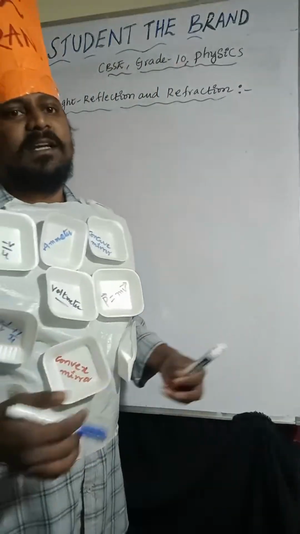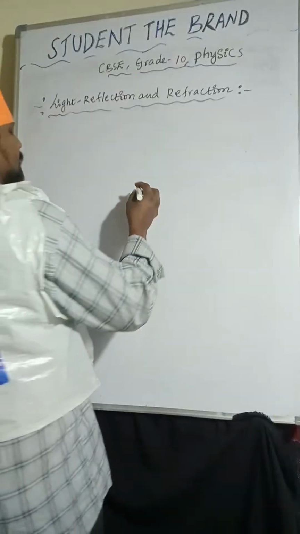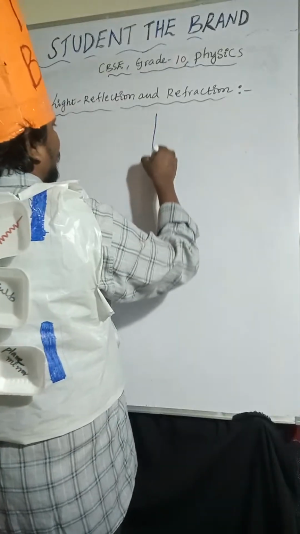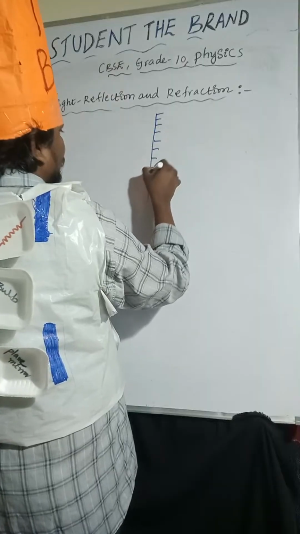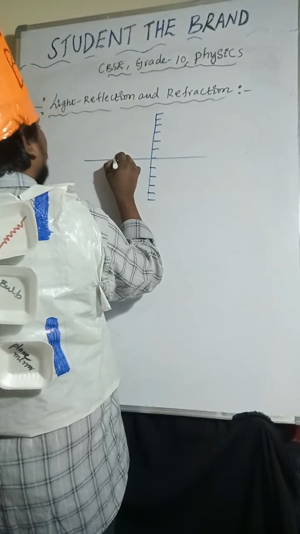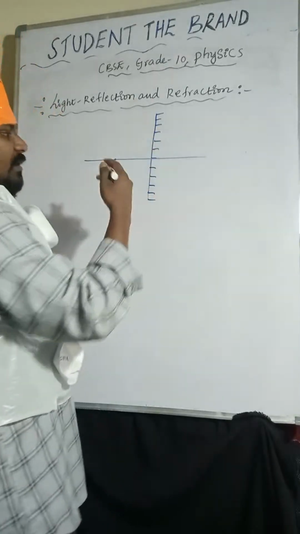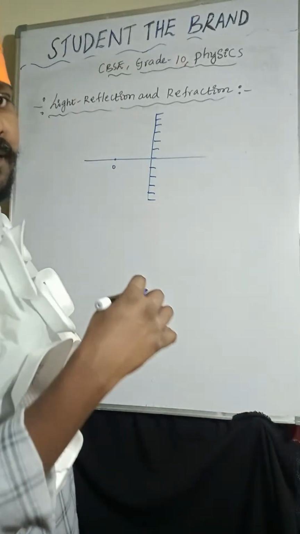Now object and image. So now I will discuss object and image. I have taken the plane mirror like this. So this is the object.